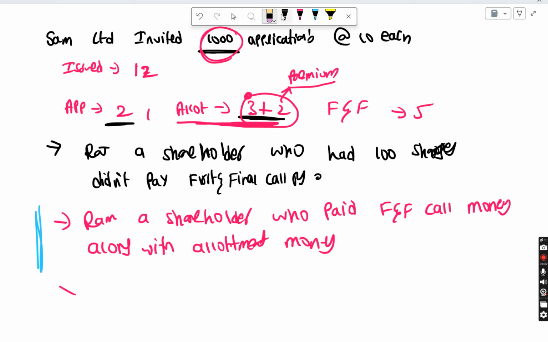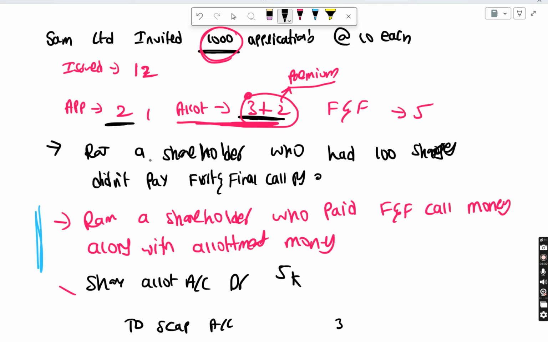Share allotment account debit 5000, to share capital account 3000, to securities premium account 2000. Now tell the receipt entry.